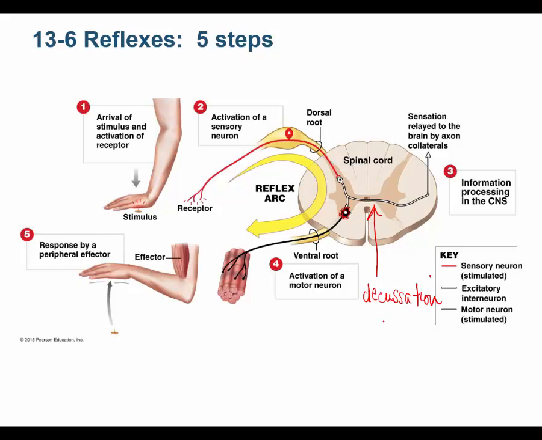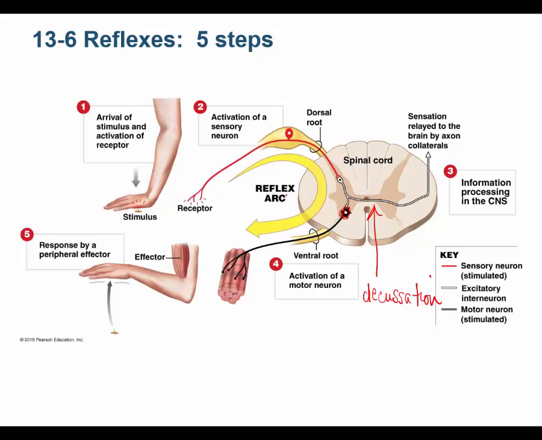So a neuron or an axon crossing over from one side of the spinal cord to the other is called decussation. It could be from one hemisphere of the brain to the other, and that's called decussation. But a collateral branch of the interneuron decussates, then runs up to the brain. And this is where we become consciously aware that the reflex occurred.